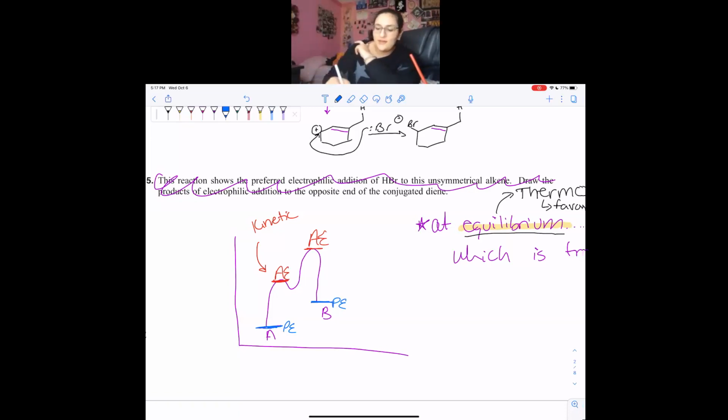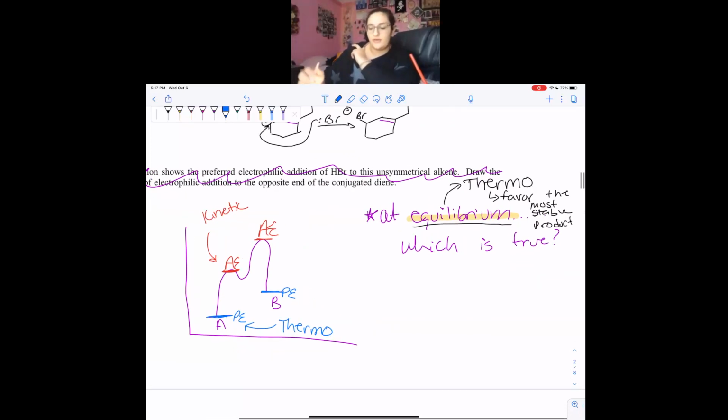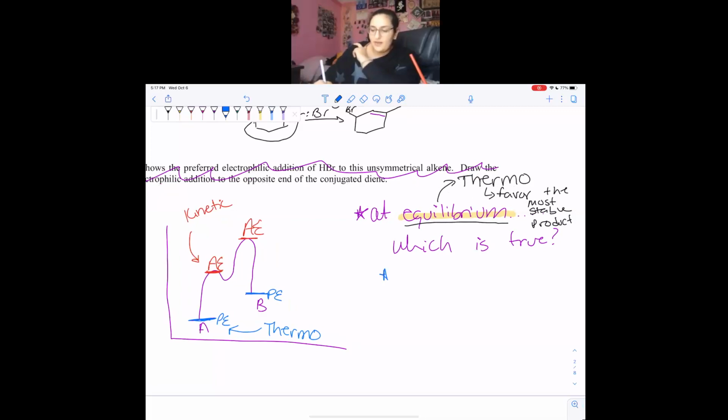A again. Awesome. So this is also the thermo product. So what can we say about this energy diagram? Well, we can say that A is kinetic and thermo. We can say that A is formed, or we could say A is favored.